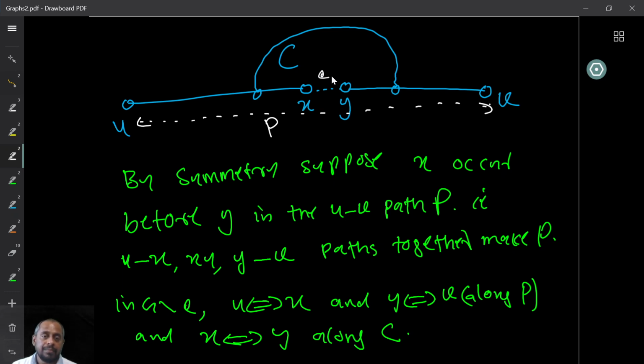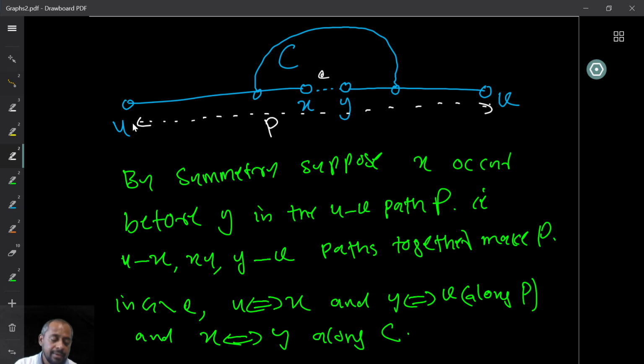Now, what we know is that xy is the edge E, and xy is part of the path P, the U to V path. Now, because this xy is in a path, either x has to come before y in the U to V path, or y has to come before x. By symmetry, we can assume that x is coming before y.